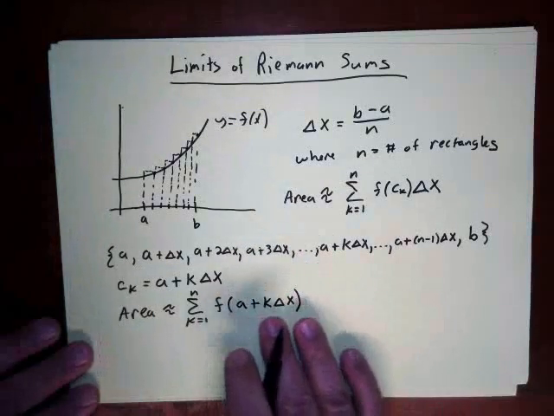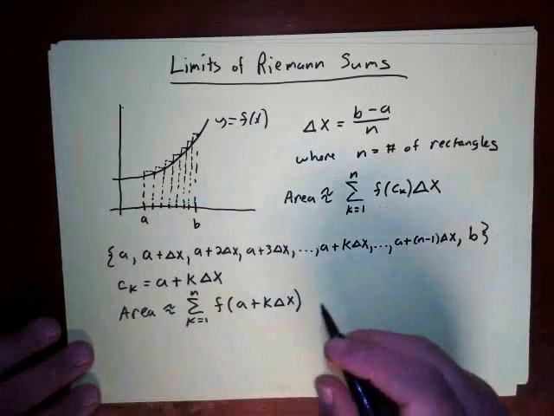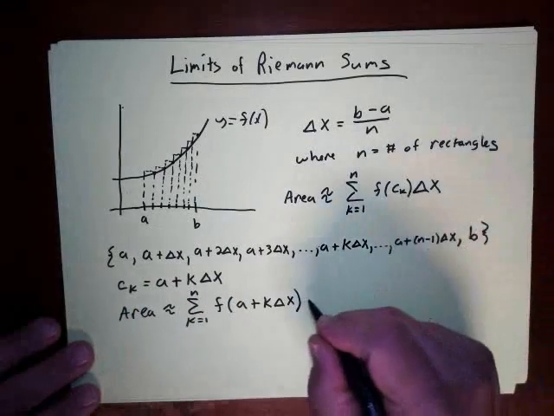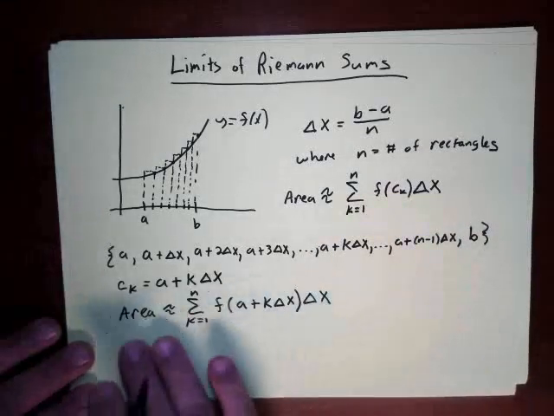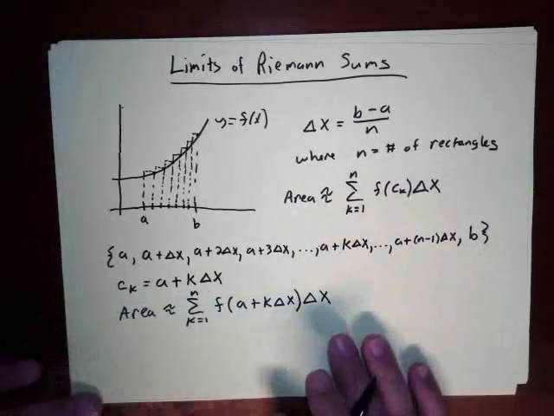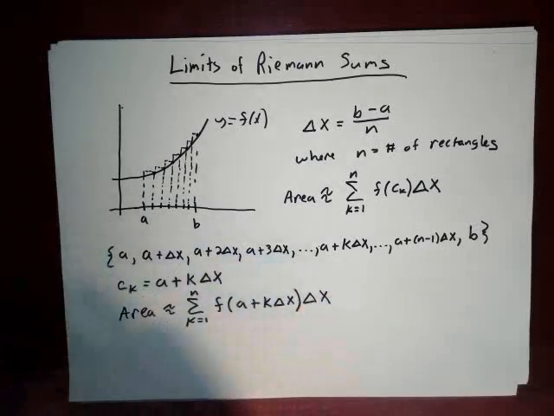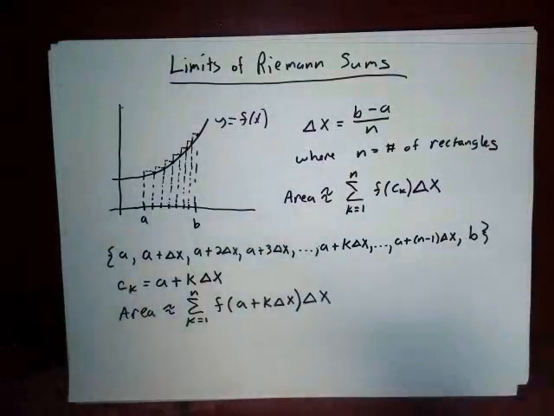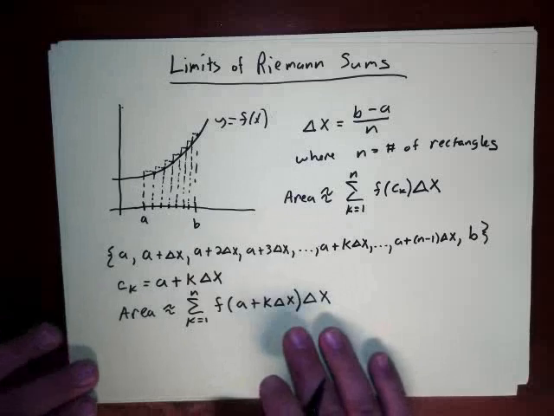So this is just plugging in the ck, which is this here. And then I'm going to multiply this by the delta x. Okay, and that is my Riemann sum. And then I'm going to be able to simplify this down using the rules and the formulas that we learned earlier, and then I'm going to be able to take the limit of that. Well, for some functions we'll be able to take the limit of that.